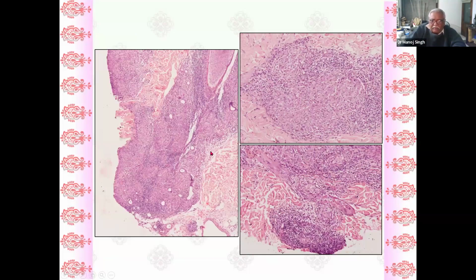The classical places where you see them are around the blood vessels, around the appendages, and, as is classically described, around the cutaneous nerves. And here you can also make out the appendages. This is the smooth muscle, the erector pili, which is getting inflamed and partially destroyed, as are the nerves.